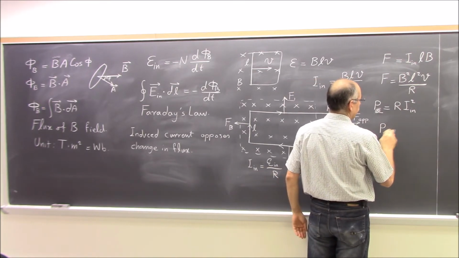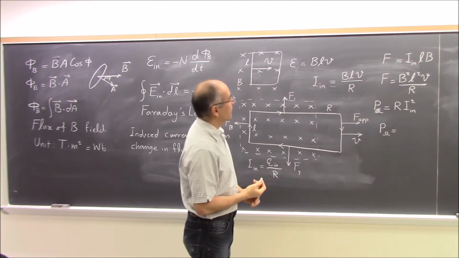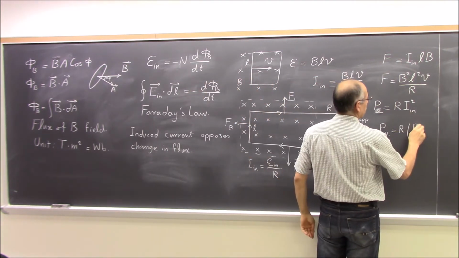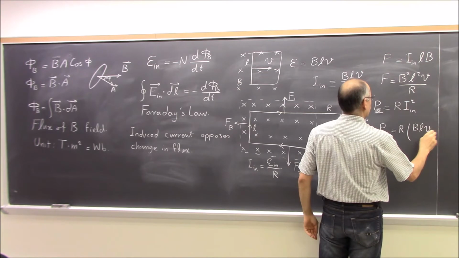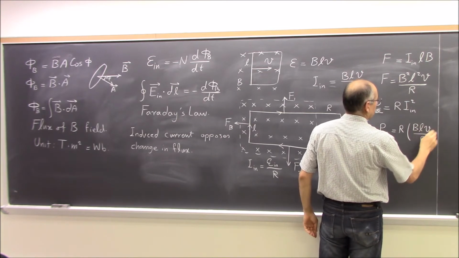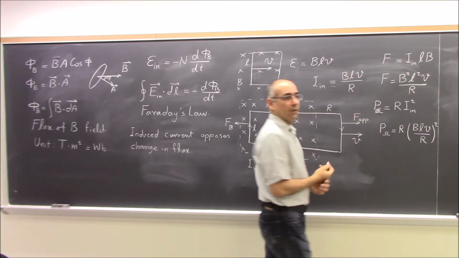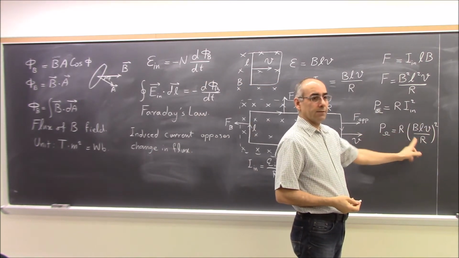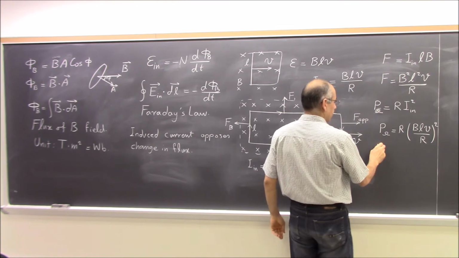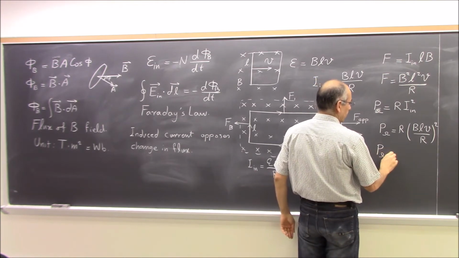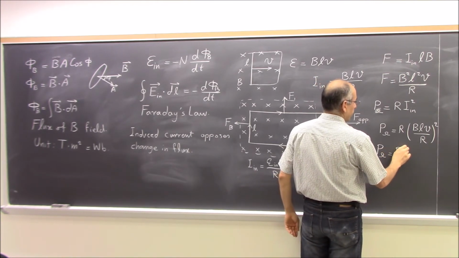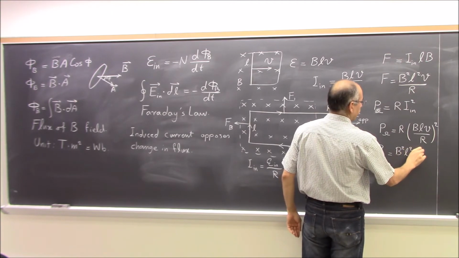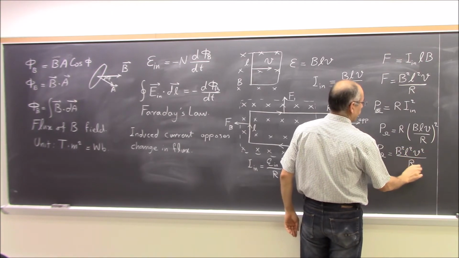The power dissipated by the current is R times (BLV over R) squared. And so we get B squared L squared V squared over R, because none of the R's cancel out. So the power is equal to B squared L squared V squared over R.